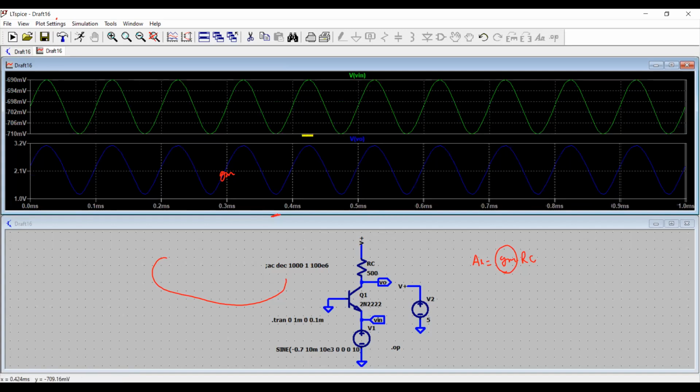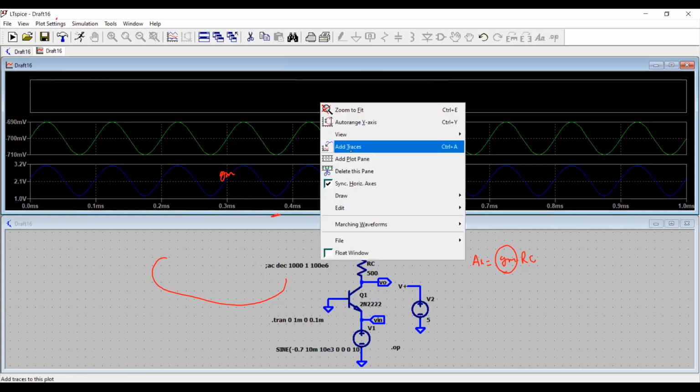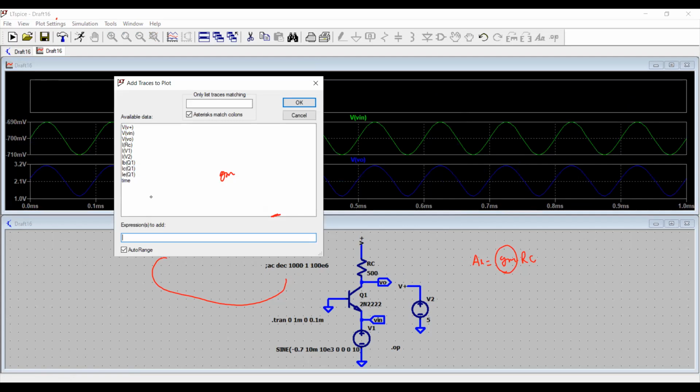How about current amplifier? So let's say add plot pane here. Let's say add trace. I want to see the output current. Now where is the output current? It is the short circuit output current. This is an open circuit voltage gain, so RL is not there. So it's basically IC divided by I of V1, right?